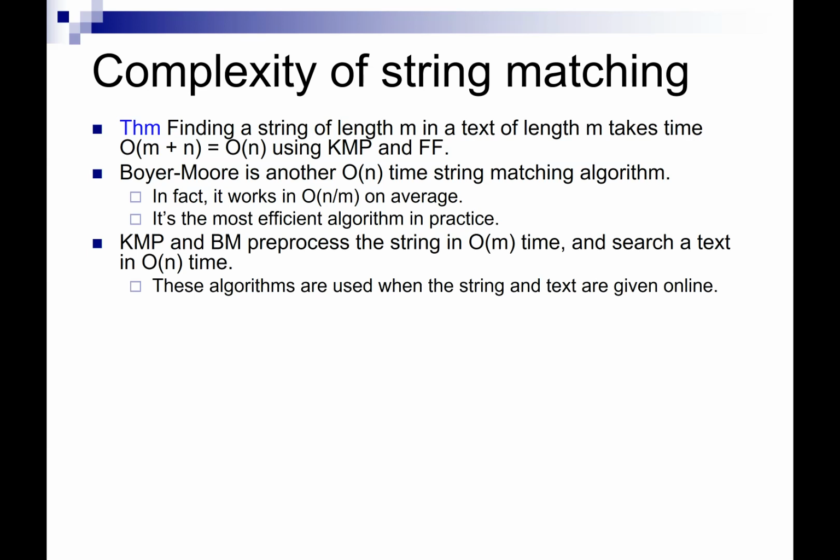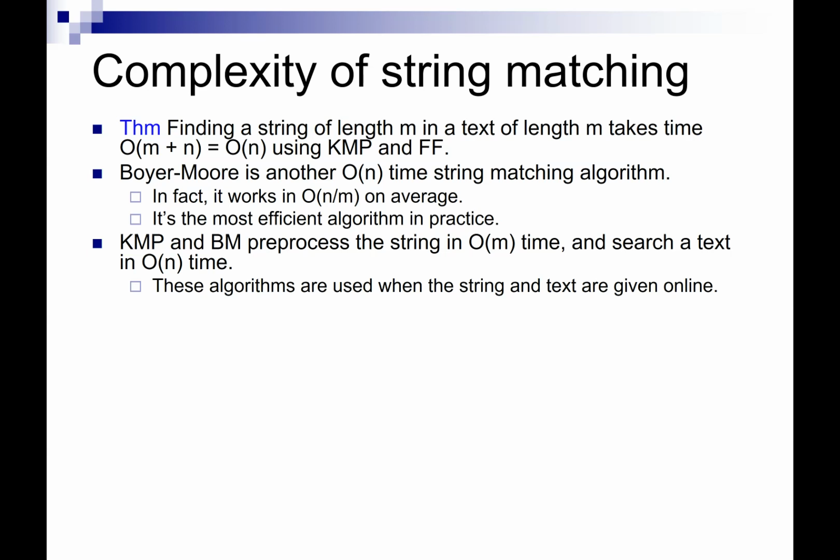Now, both the KMP algorithm and Boyer-Moore pre-process the pattern that you're looking for in order m time, and then they search the text in order n time. So you can use these algorithms when you're given both the text and the string at the same time.